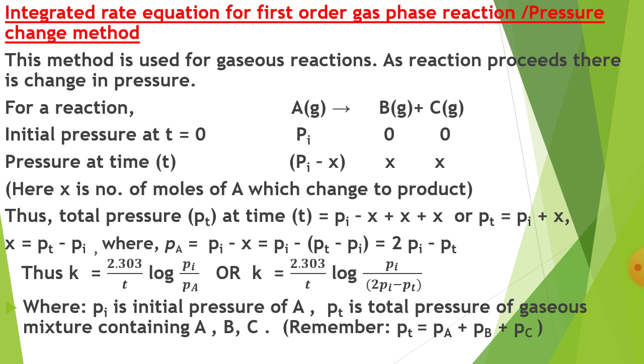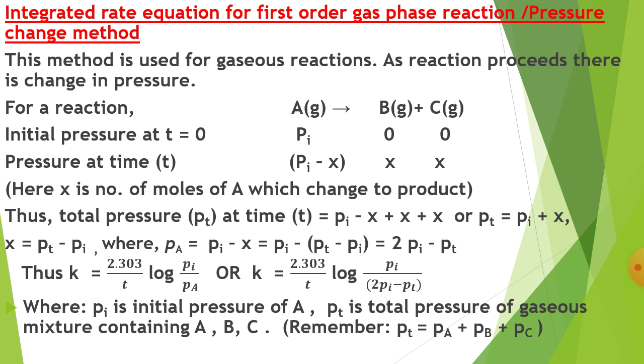Now putting these values in the rate constant of a first order reaction, K equals 2.303 by T log Pi, that is initial pressure, divided by Pa, that is final pressure. Now by putting the value of Pa, we get the formula: K equals 2.303 by T log Pi by 2Pi minus Pt. Here Pi is the initial pressure and Pt is the total pressure at time T.